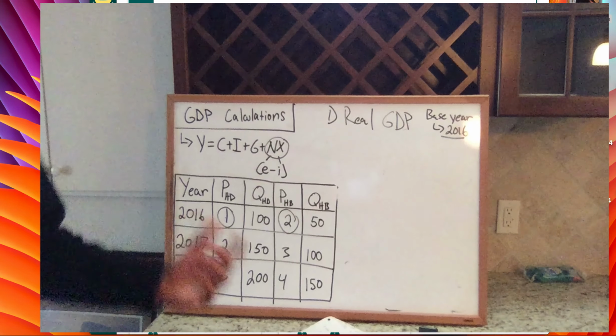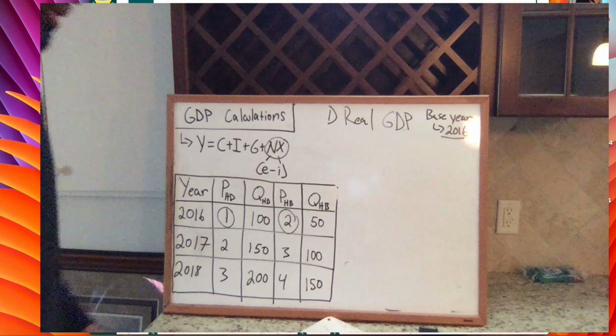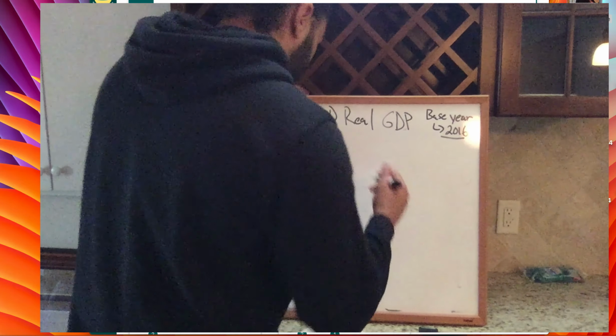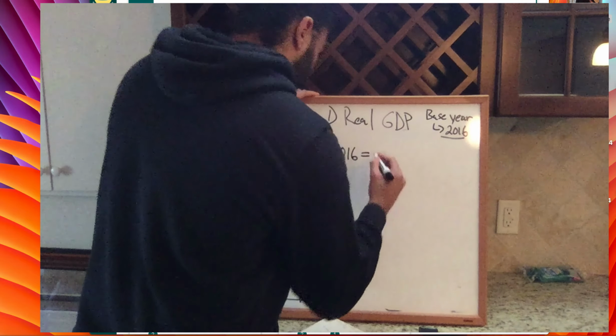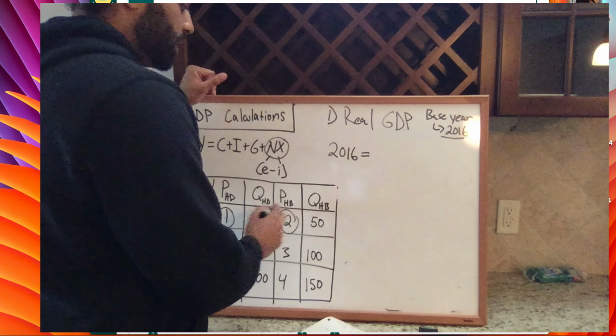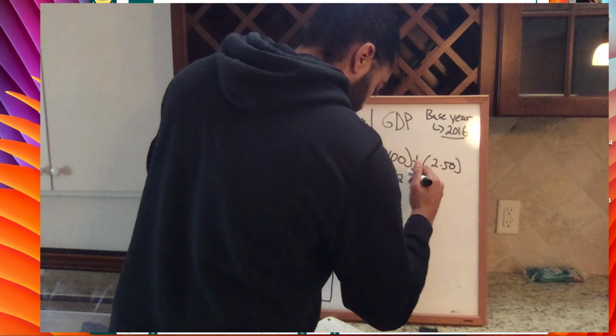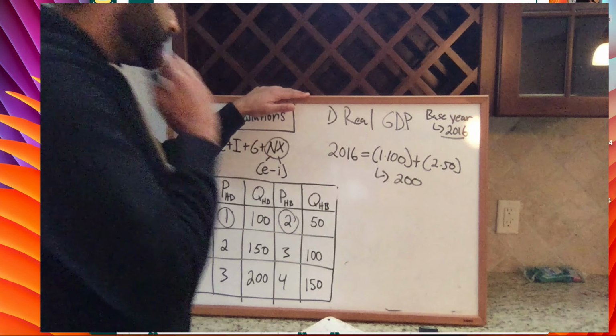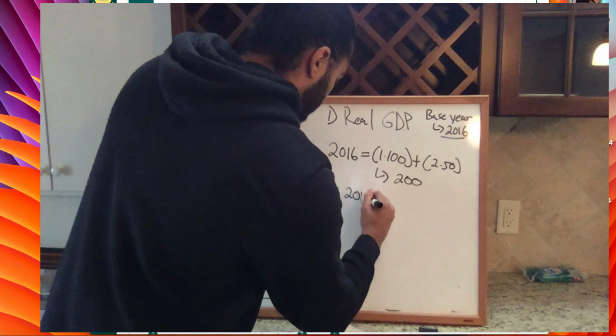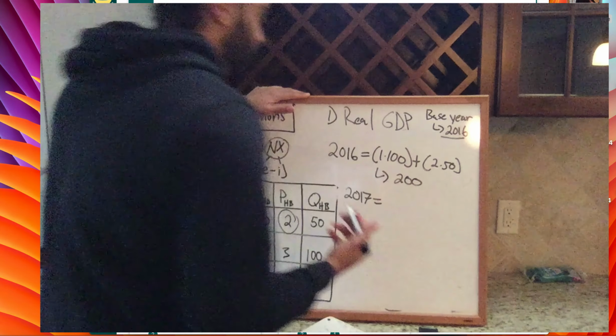So now when we do the actual calculations for real GDP, you'll see how it differs. So we'll start with 2016. It's going to be 1 times 100 plus 2 times 50, which we know from earlier is 200. Now we're going to do 2017. And remember, we're using our base year prices.